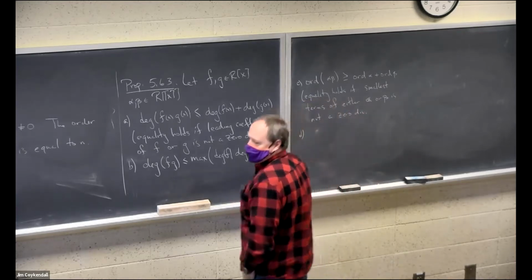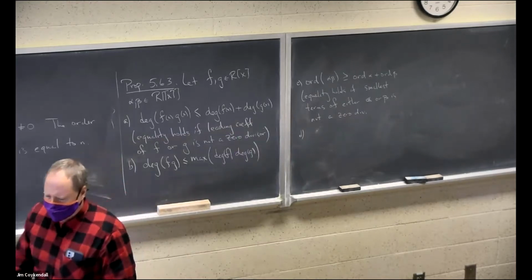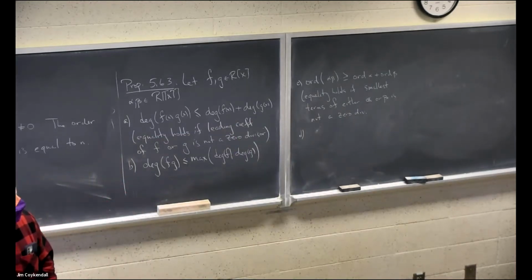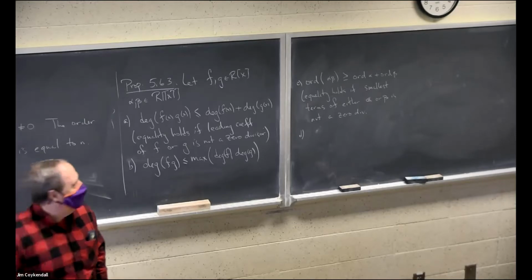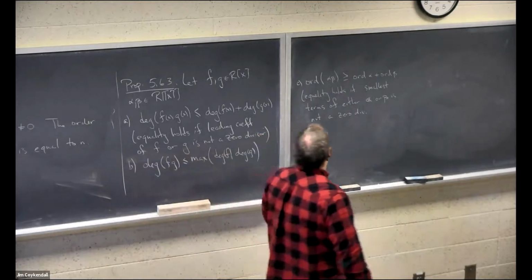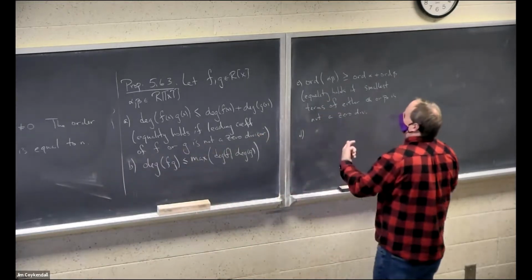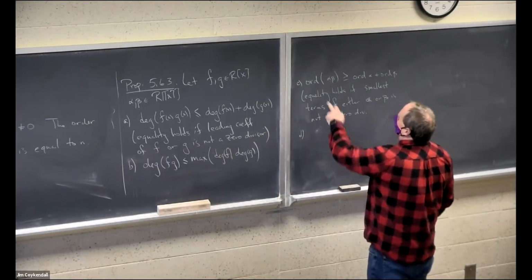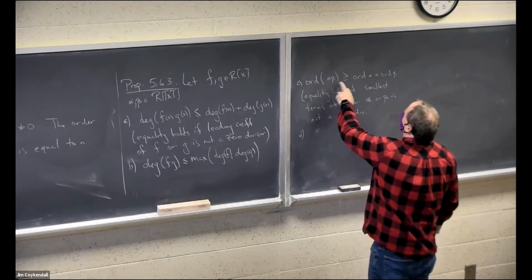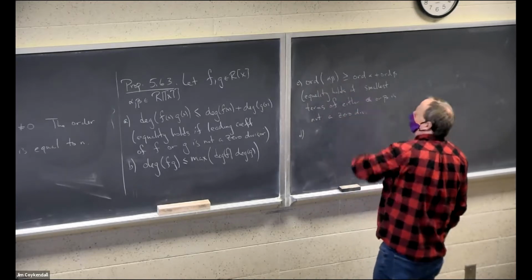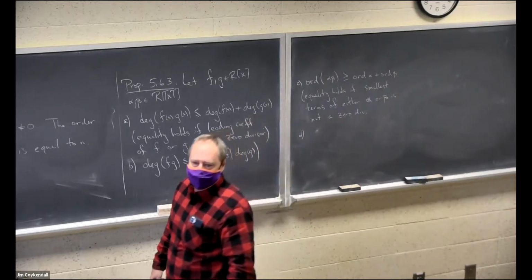I'm sorry, what's that? So if you look before, it's usually equal to, but what can happen is you get 0, and this is actually bigger than or equal to the order of the sum.